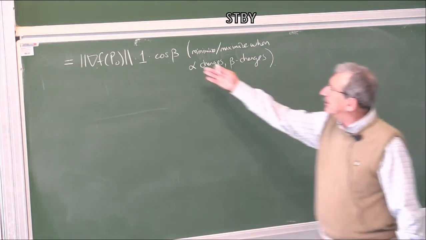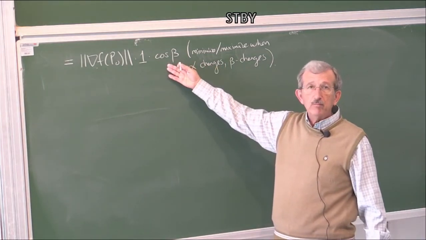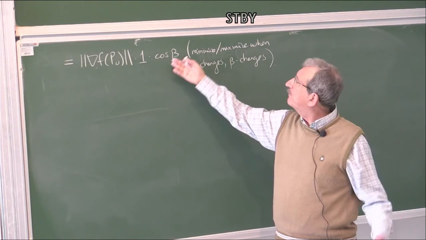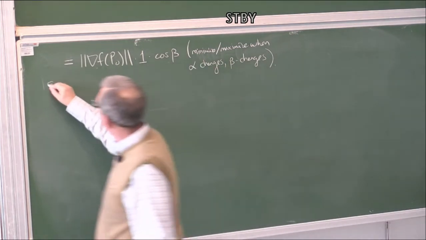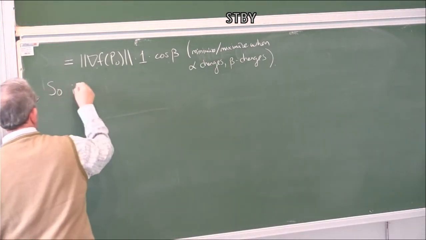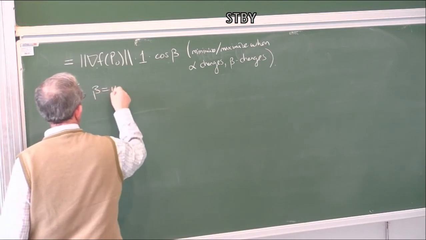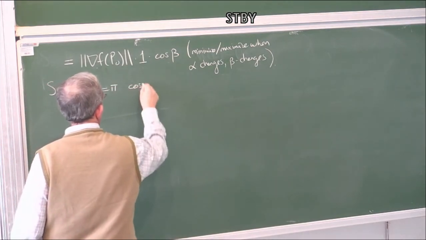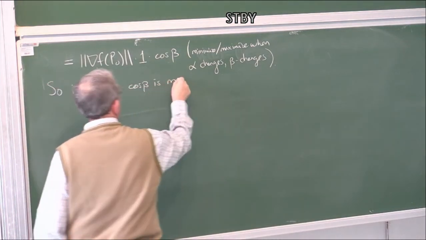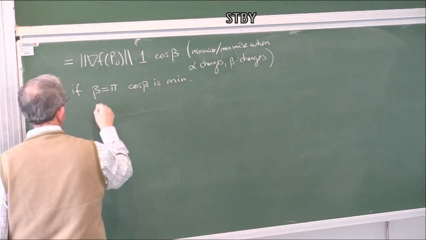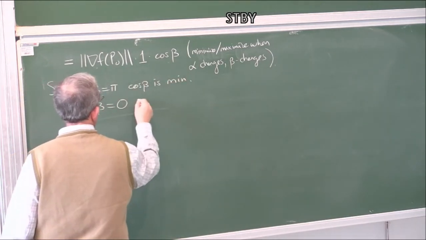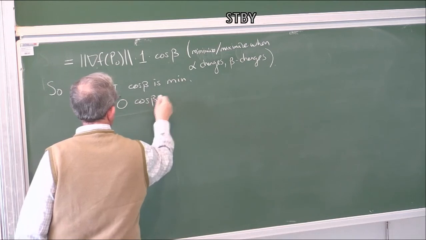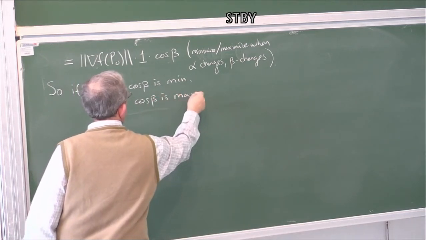Clearly, cosine beta is minimum, -1, if beta is pi. And if beta is 0, cosine beta is maximum.